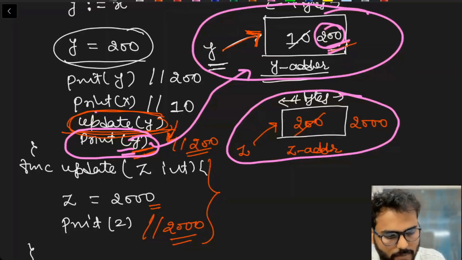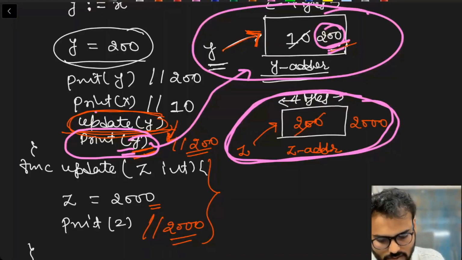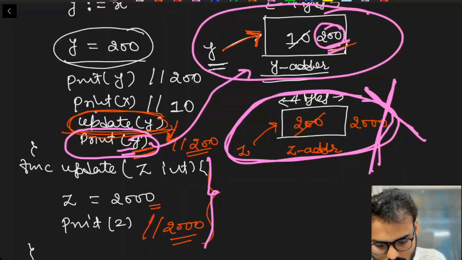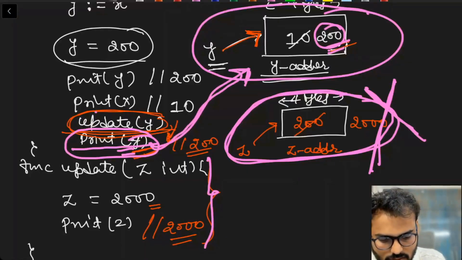And what happens to the other block of memory? When this function completes its execution, this block of memory is freed. This last statement, print y, only has access to the original block.